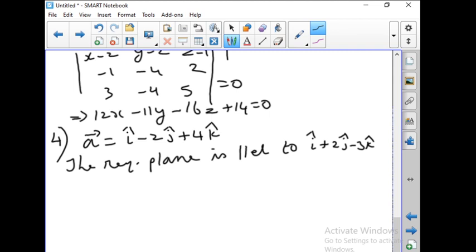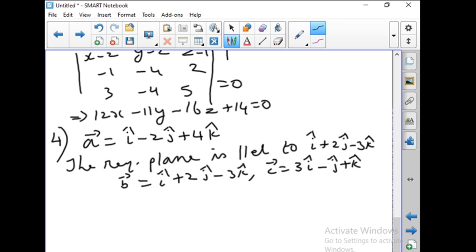From the line we take only the denominators. So here we get B vector is equal to i cap plus 2 j cap minus 3 k cap, and C vector is equal to 3 i cap minus j cap plus k cap.